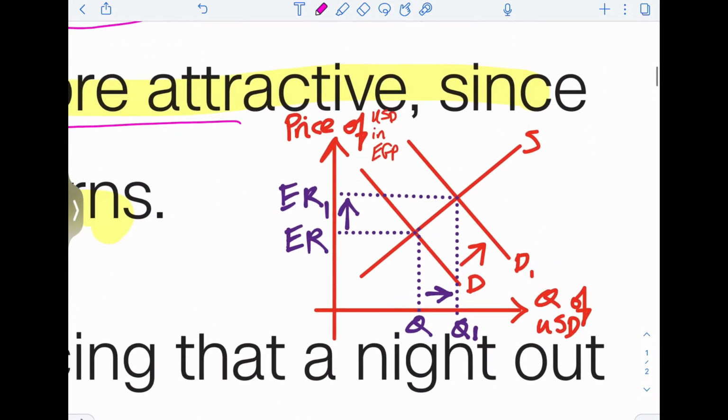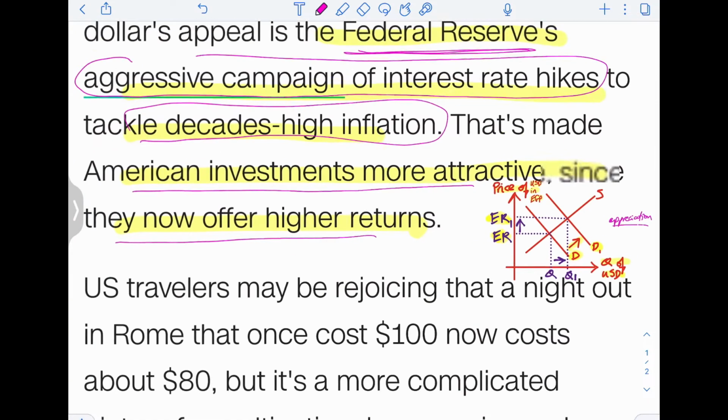If you draw a diagram with the price of US dollars in Egyptian pounds, the reason I chose Egyptian pounds is because the article mentions Egypt as one of the economies being negatively affected. So you've got price of US dollars in EGP, quantity of US dollars, and there's an increase in foreign demand. There's a shift in the demand for the US dollar to the right, which is causing the exchange rate to rise. This is causing an appreciation of the US dollar.